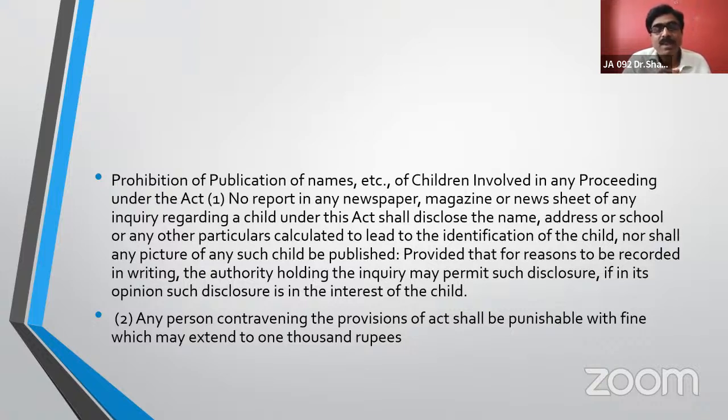So any identification of the location, address, and image of the child should not be published in any newspaper, channel, or digital platform, provided that for reasons to be recorded in writing, the authority holding the inquiry may permit such disclosures.